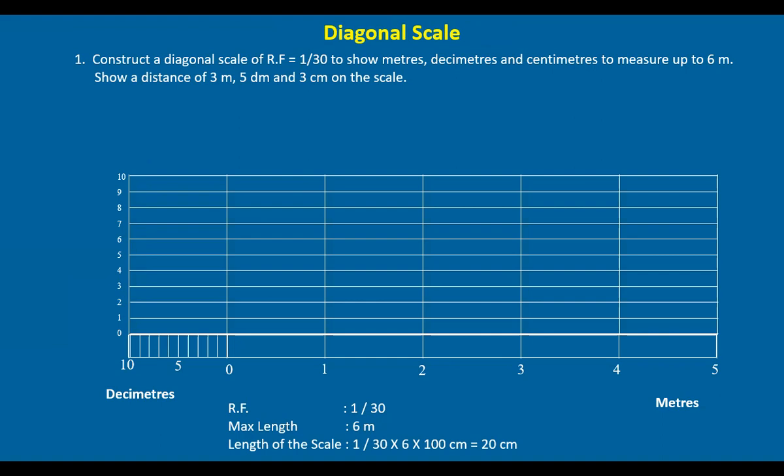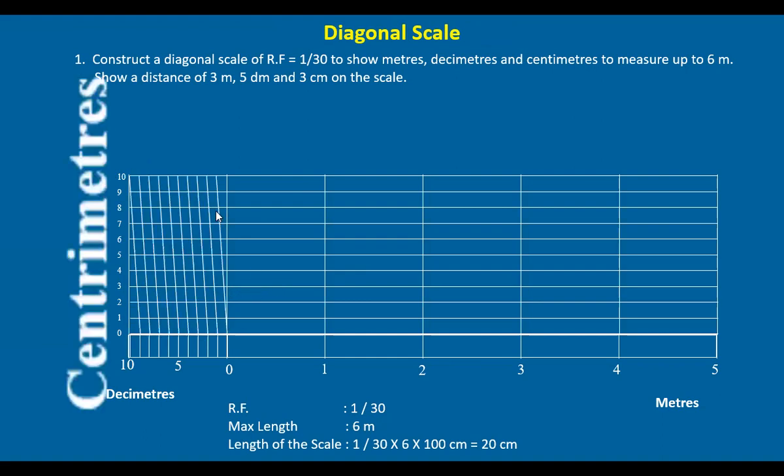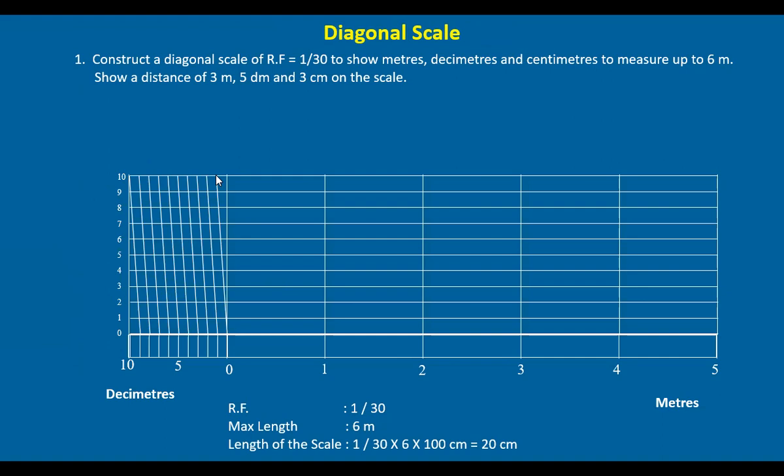So take 10 divisions on this, and now I'm going to divide this the same as the earlier one. Here we have A, B, and C in the earlier figure. Similarly, we have marked this 1, 2, 3, 4 points like this, drawn horizontal lines.